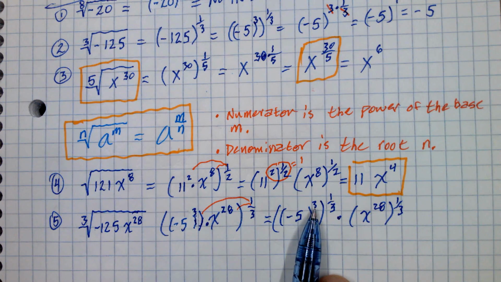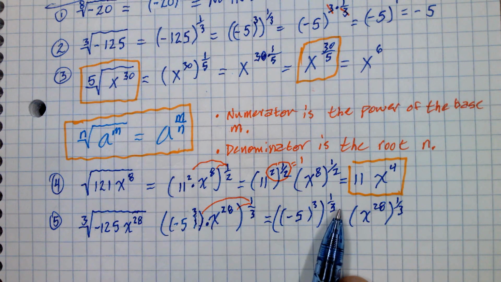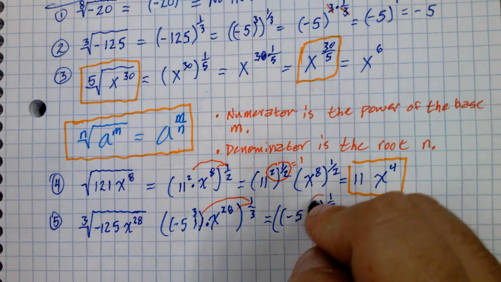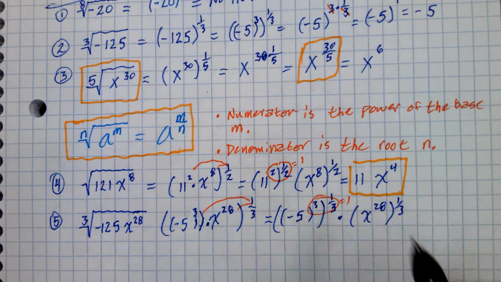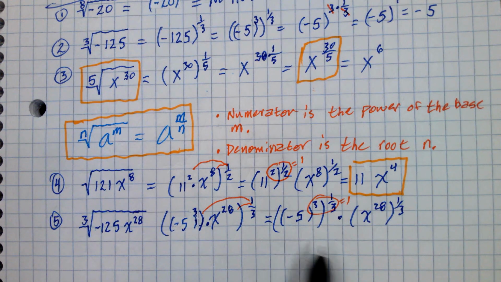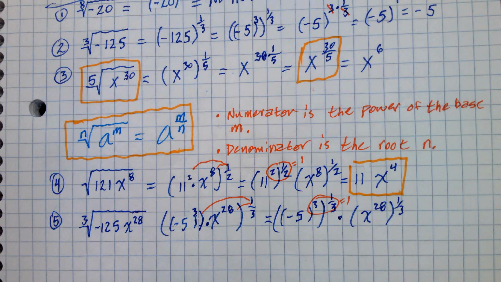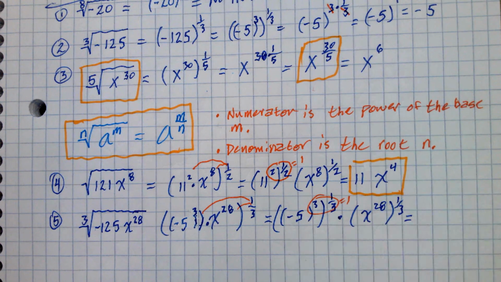So what's going to happen with 3 times 1/3? It's going to be 1. It's going to happen over and over again. So really we're just going to get the negative 5. What's 28 times 1/3? It's the same as 28 divided by 3. I'll let you figure that out.